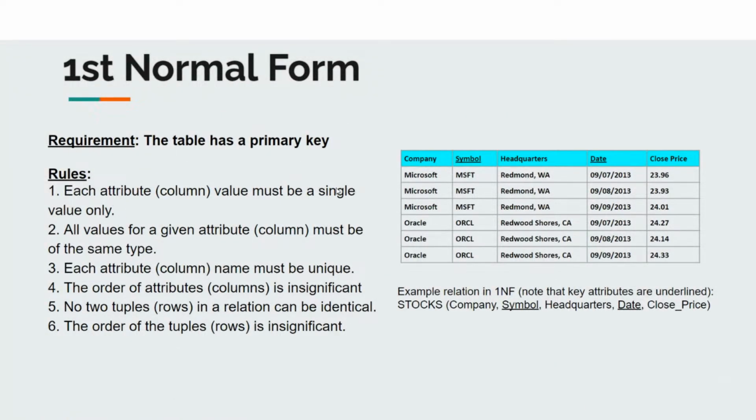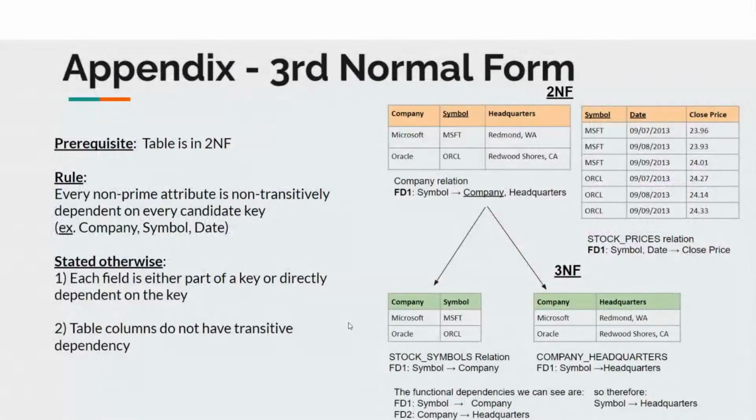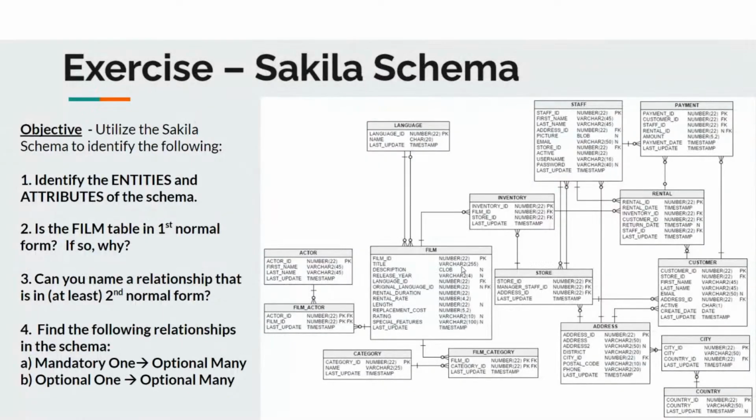All the columns have unique names. And no two rows are identical. So for a couple of those, you'd probably have to go look at the data itself to make sure none of the rows are identical.